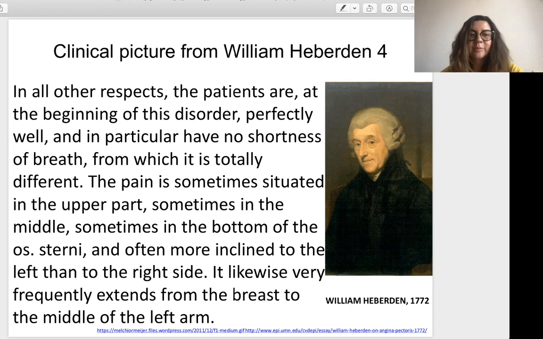In all other respects, the patients are at the beginning of this disorder perfectly well, and in particular have no shortness of breath, which is totally different. The pain is sometimes situated in the upper part, sometimes in the middle, sometimes in the bottom of the os sterni, and often more inclined to the left than the right side. It likewise very frequently extends from the breast to the middle of the left arm.